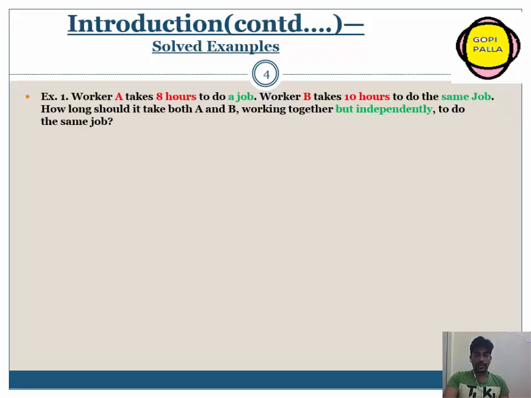How long will it take both A and B working together but independently? That means A's work does not affect B, and B's work does not affect A. From rule 1, whatever we have studied, A's 1 hour's work is 1 by 8. Similarly, B's 1 hour work is 1 by 10, as per rule 2.